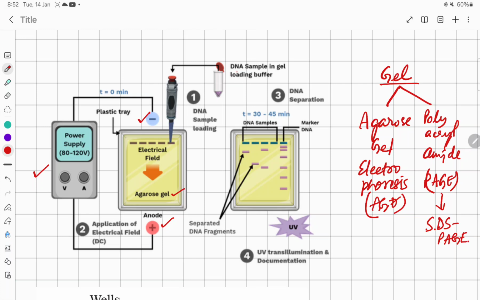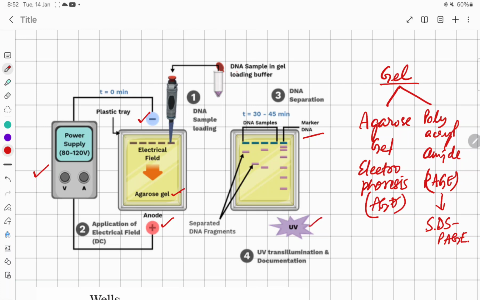So this is the agarose gel, and when we put the DNA samples with the electric field on, the DNA will move based on their size. If in one well we put the marker DNA, then we can also compare them. Then how to look for them?